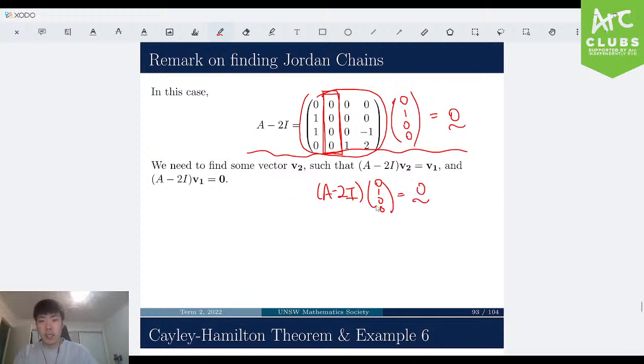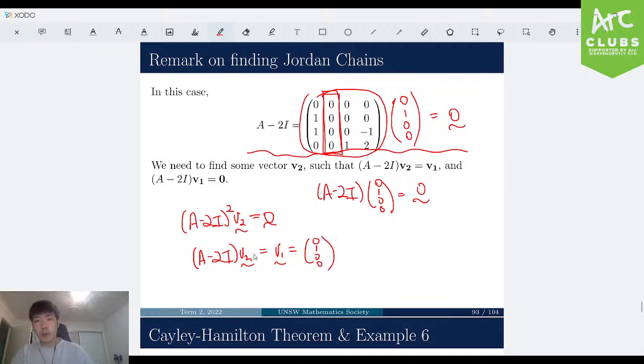But we don't want just this. We want this equals 0. Okay? So essentially, what we know is that we actually want this here to equal v1, where v1 itself is 0, 1, 0, 0.